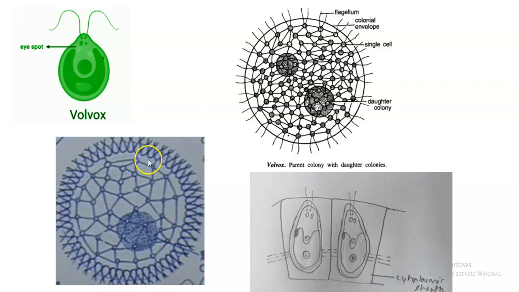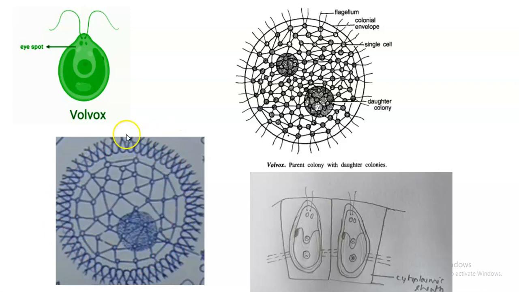They are connected by cytoplasmic strands. This is the cytoplasmic strand. How these strands are created, we'll study during the reproduction of Volvox.